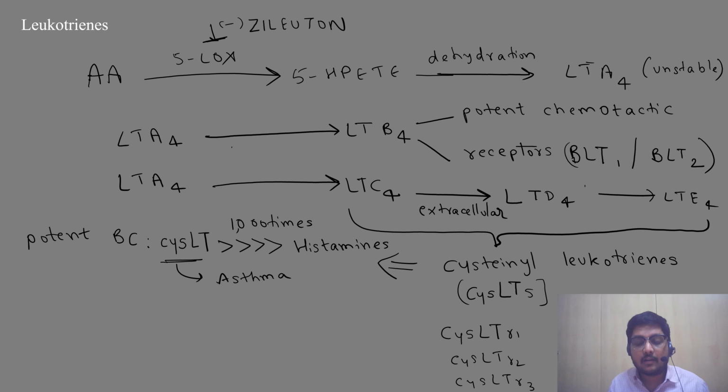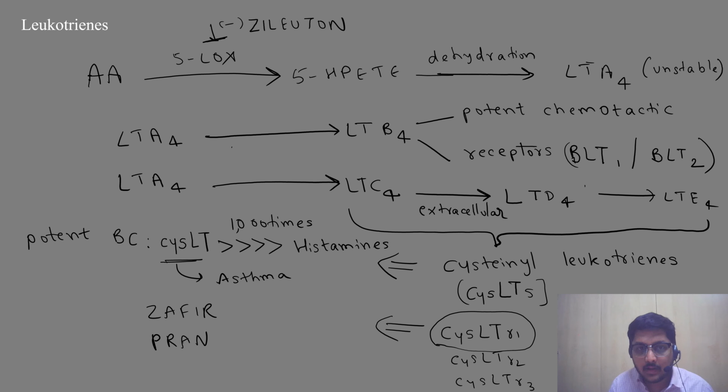So what are the antagonists available in the market for cysteinyl leukotrienes? Currently we have antagonists only for cysteinyl leukotriene receptor type 1. What are those antagonists? Yes, the leukasts. Zafirlukast, pranlukast, montelukast.